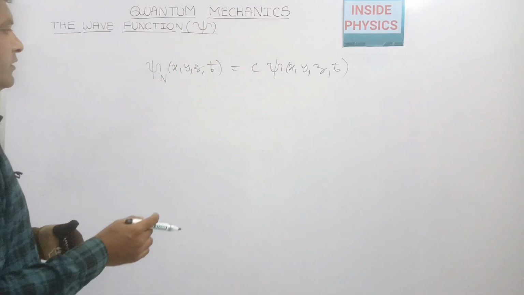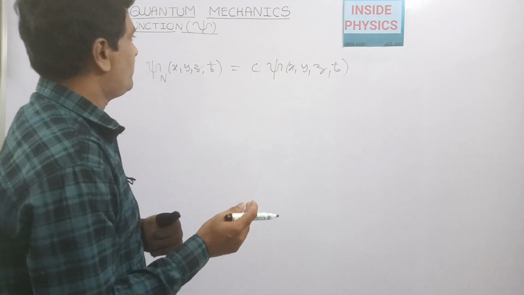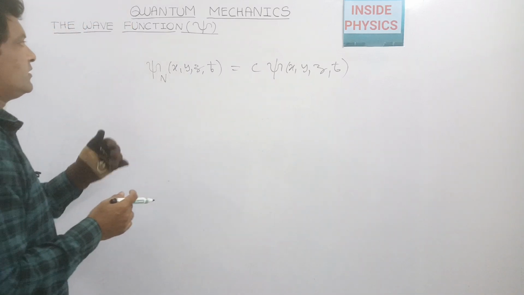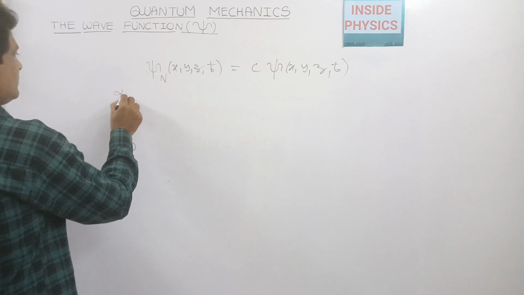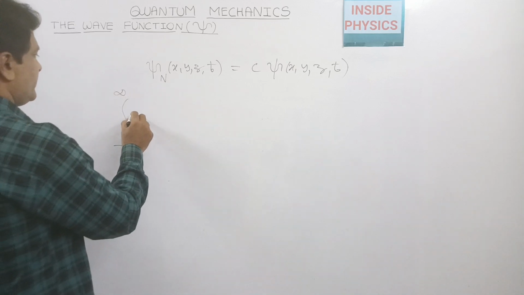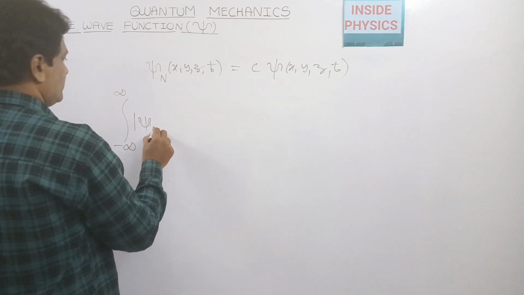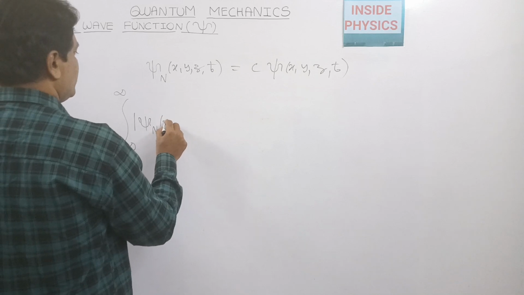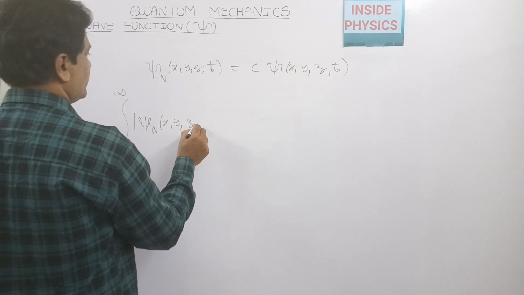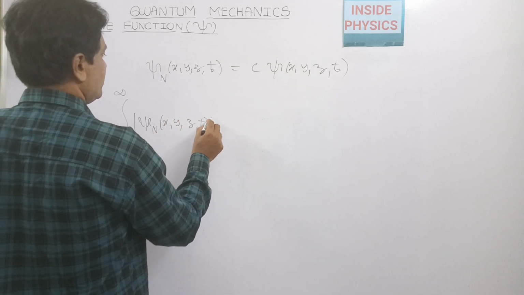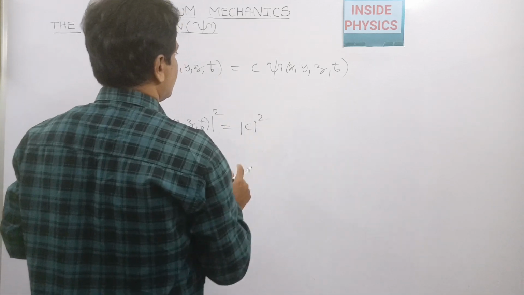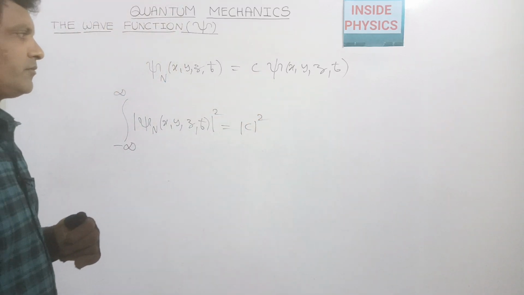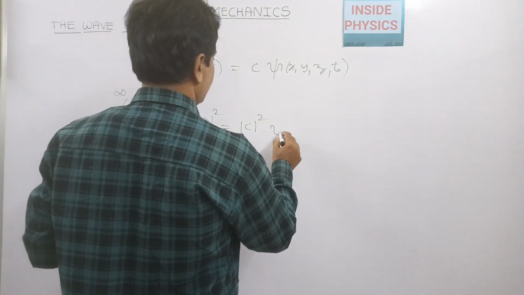So here, in the normalization, if you apply the limits again, it will change to the limits minus infinity to infinity of psi n of x, y, z, comma t. This gives this, and c is called the normalization constant.